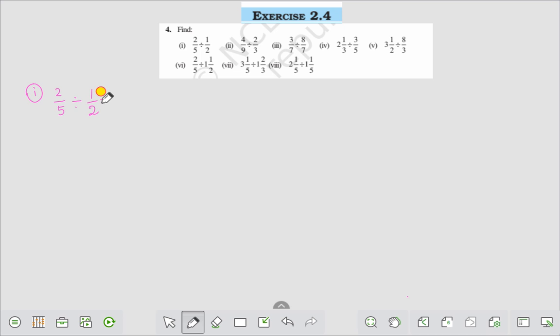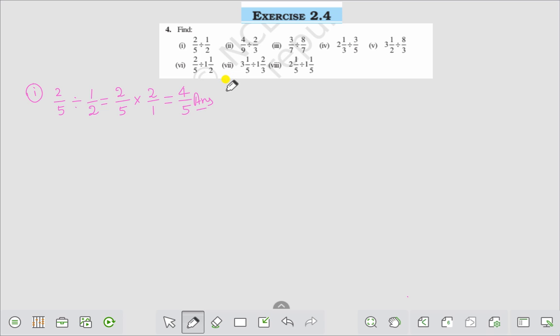That will be equal to 2 by 5 multiplied by the reciprocal of 1 by 2, which is 2 by 1. 2 by 1. That comes to 2 times 2 is 4, and 5 times 1 is 5. That is 4 by 5. This is question number 1.